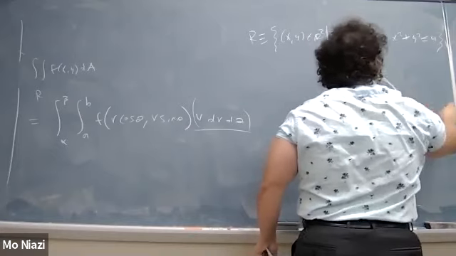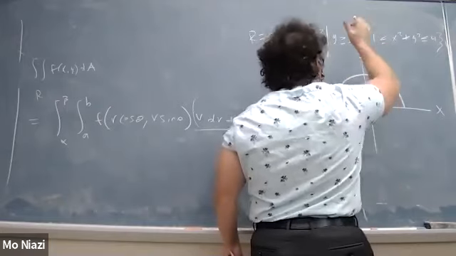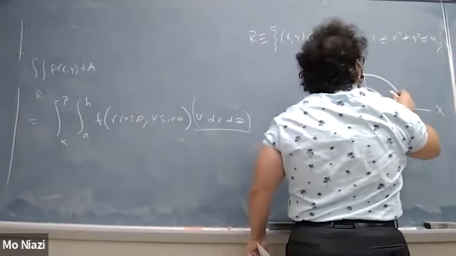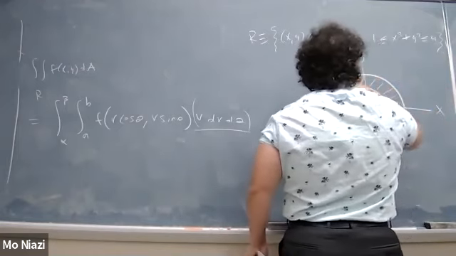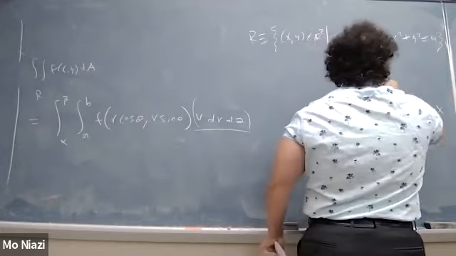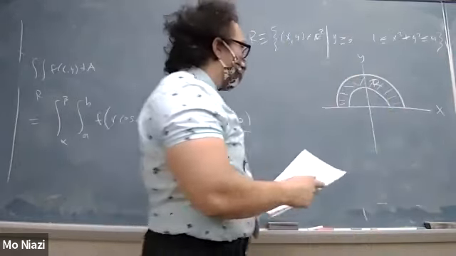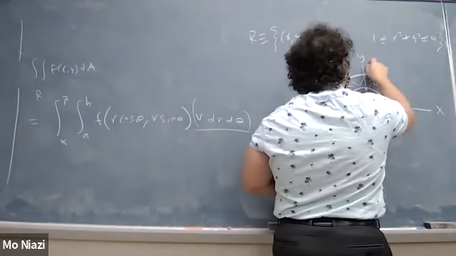Here's our y, here's our x. Y being strictly positive means we just take the upper half. Two circles with radius 1 and 2 mean that we wish to integrate this thing. Our region R is this shaded region over here, where clearly this is 0, 1, and this is 0, 2.